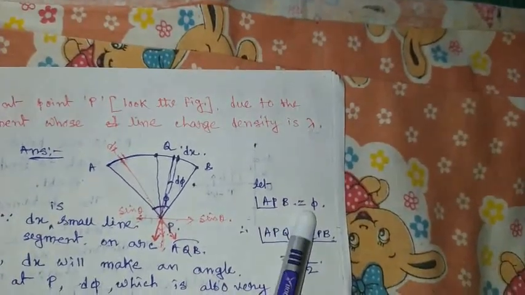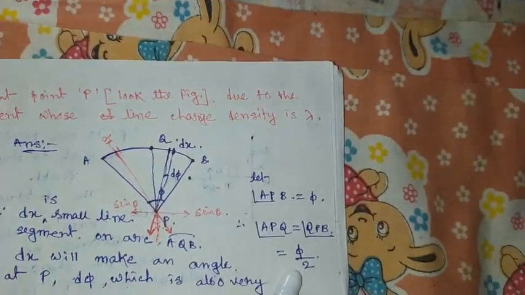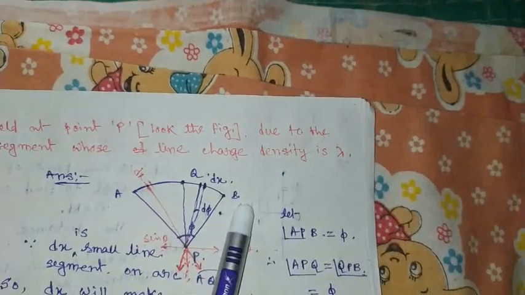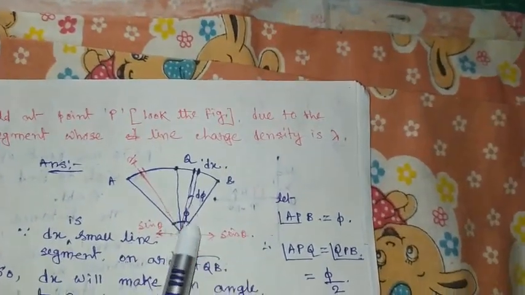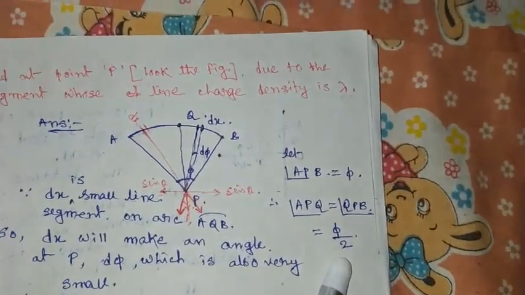So let APB be the angle phi, and APQ and QPB be angles of phi by 2, because Q is the middle point of this arc AQB. That is why phi is divided equally into two parts, phi by 2.